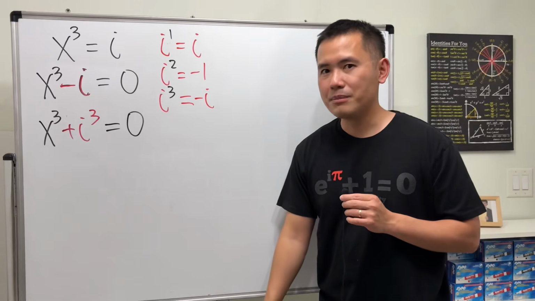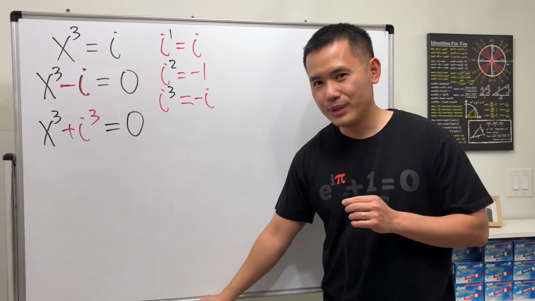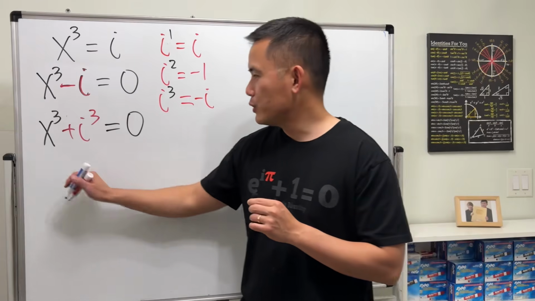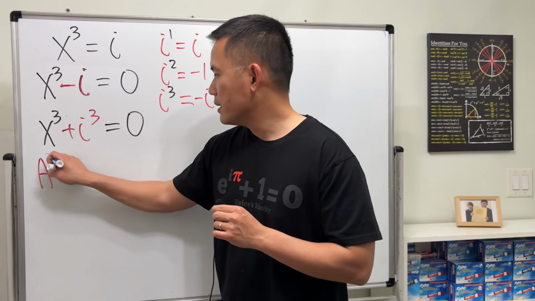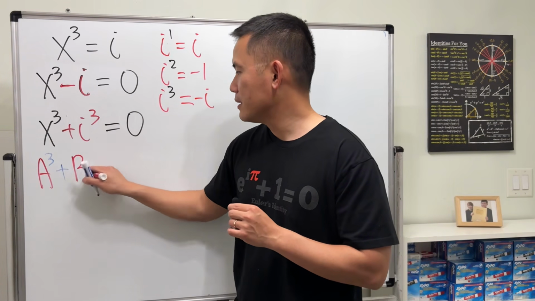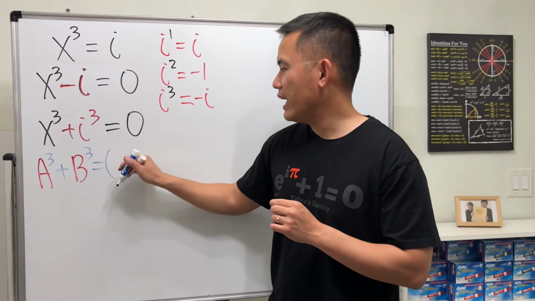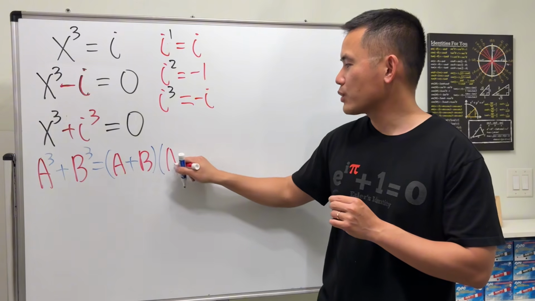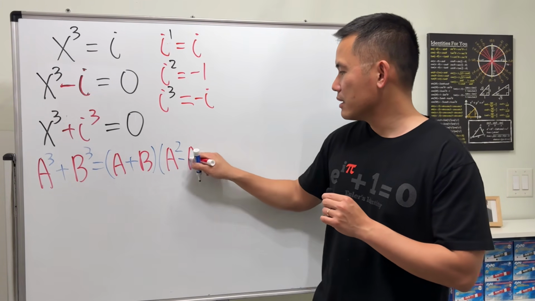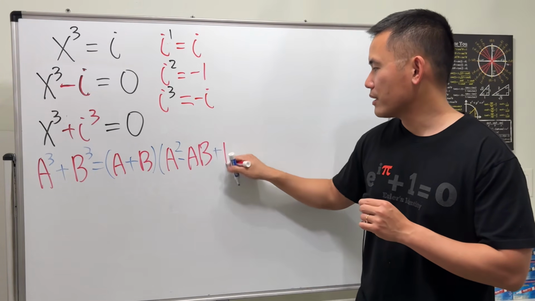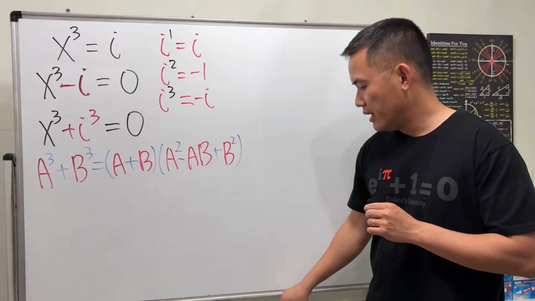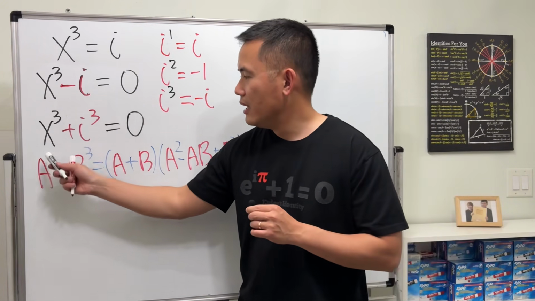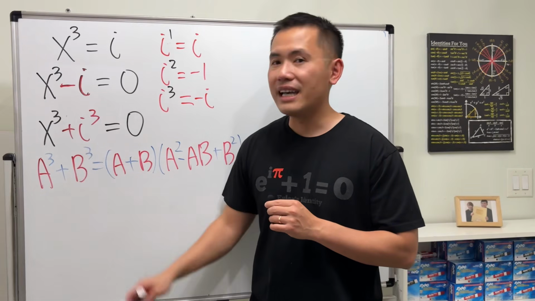And now we have a sum of 2 cubes. And we can use the formula to factor this, which says a cubed plus b cubed is equal to a plus b times a squared minus ab plus b squared. In our situation here, a is the x, b is the i.